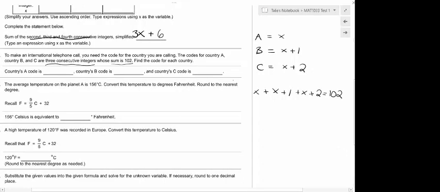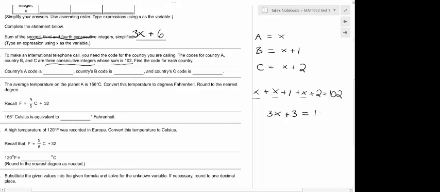Then it tells us that their sum is 102. So we're going to add those integers together, x plus 1 plus x plus 2 equals 102. Okay, so what is x plus x plus x? 3x. And then 1 plus 2. 3.